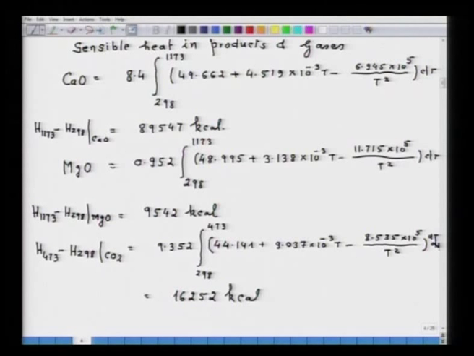So, 298 is our basis. So, first we will calculate H2O liquid at 298 going to H2O liquid at 373 Kelvin, and this value is 6001 kilocalorie.